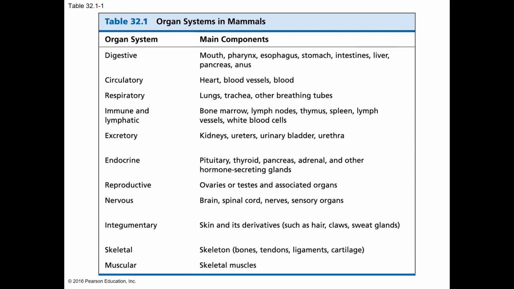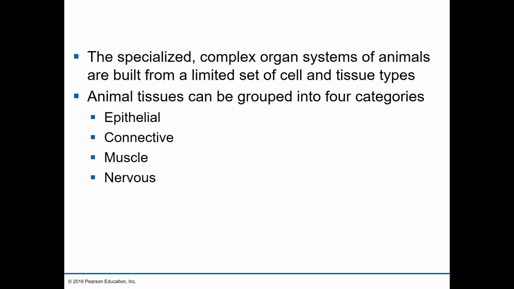Those tissues are made up of cells that are very similar to one another, which are going to be a lot different from the circulatory system, cells that make up the blood vessel or even the blood. So I would familiarize yourself with different organ systems. You don't need to specifically know what the main components are of them, but just understand that there is a hierarchy of things. Cells make up tissues, which make up organs, which make up organ systems.